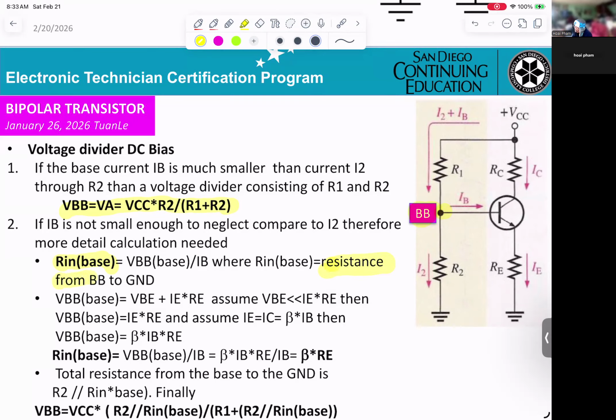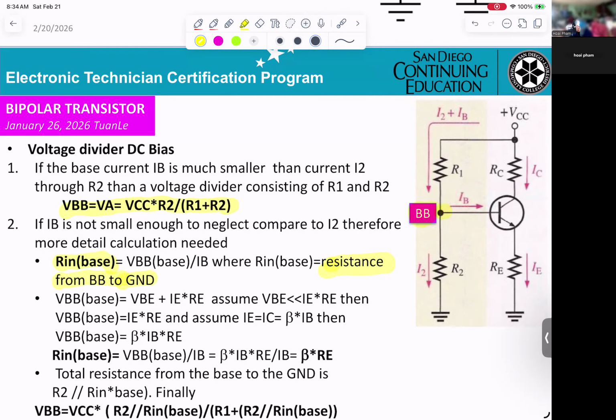from the base to ground. So if you're looking into the transistor input, that's why they go up to RE. VB equals VBE plus IE and RE.